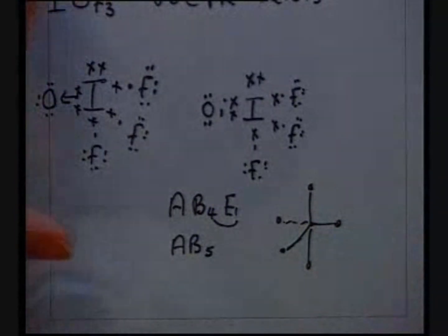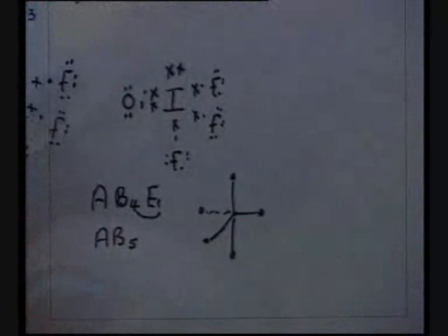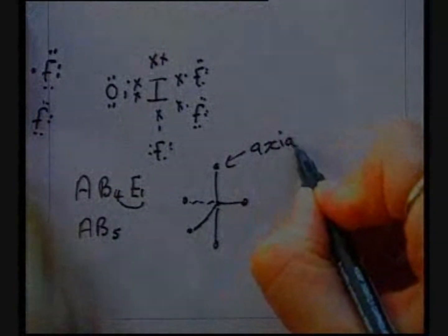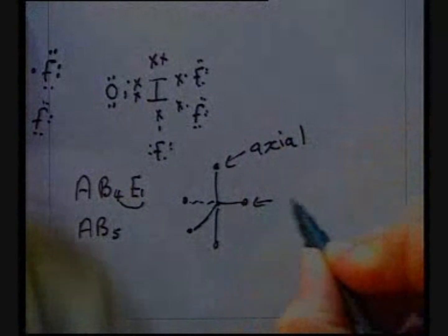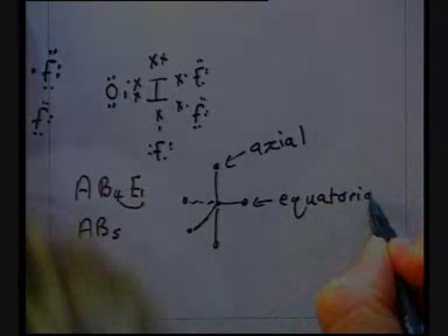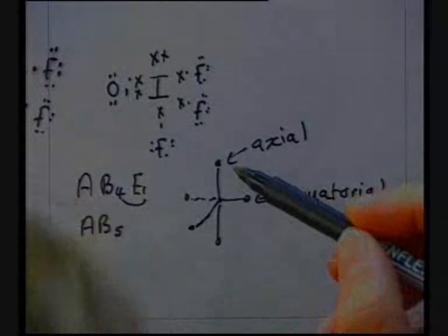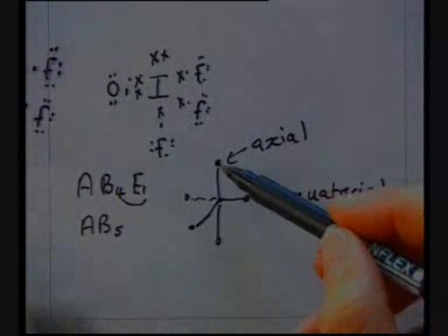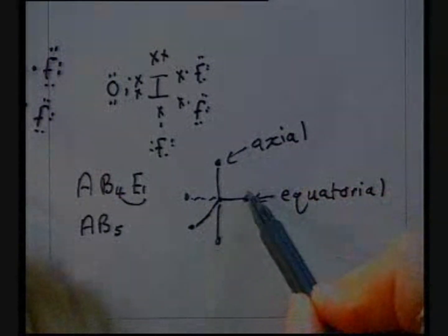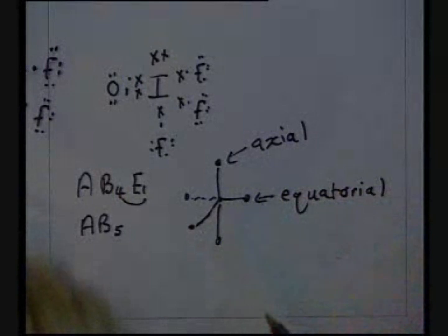In the trigonal bipyramidal molecular geometry, we have got a so-called axial position and a so-called equatorial position. The more electronegative atoms will always be found in the axial positions. The double bonds and lone pairs will be found in the equatorial position.